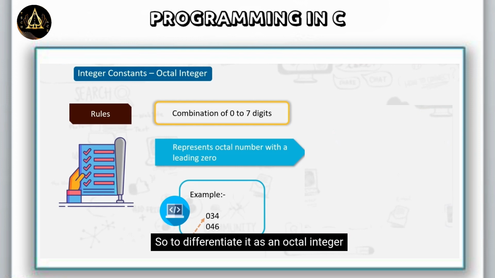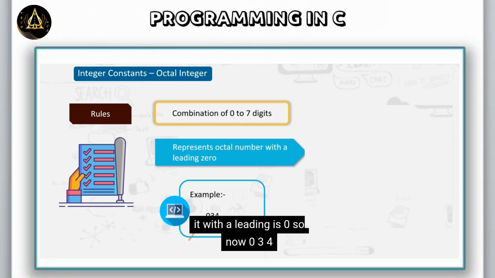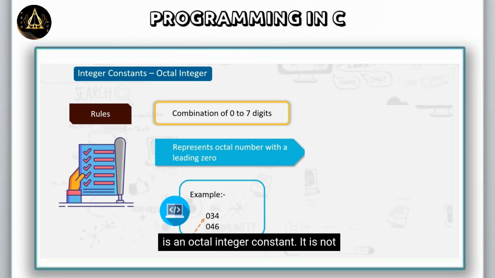So to differentiate it as an octal integer constant, we represent it with a leading 0. So now 034 is an octal integer constant. It is not a decimal number. If it is a decimal integer constant, then we do not precede the number with 0.